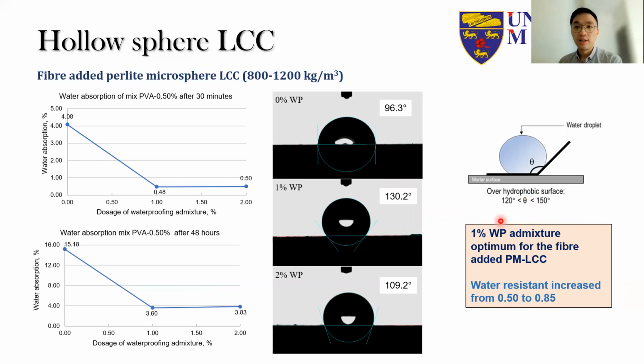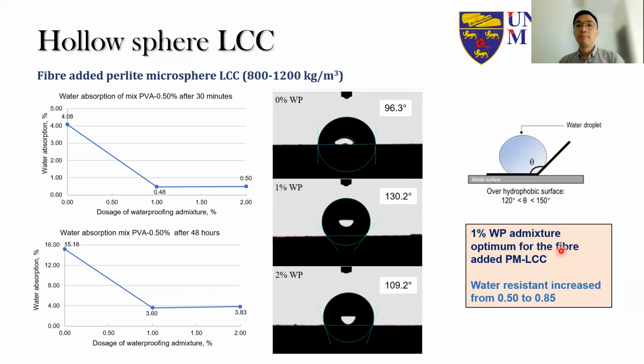And this is actually going to be helpful for the Perlite microsphere LCC in terms of the water resistance. But when we put in 2% of waterproofing admixture, the water contact angle actually reduces slightly. So therefore, we concluded that this 1% waterproofing admixture is optimum for the fiber added Perlite microsphere LCC.